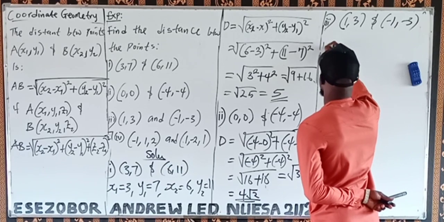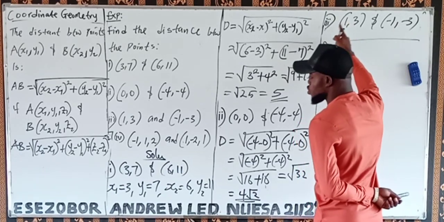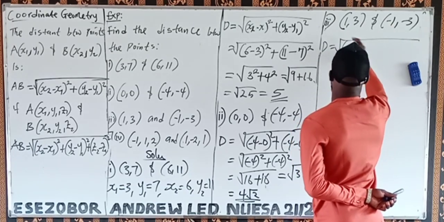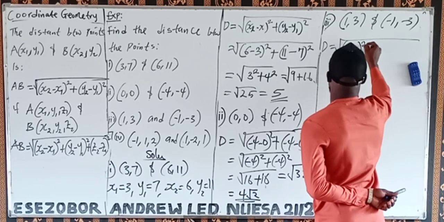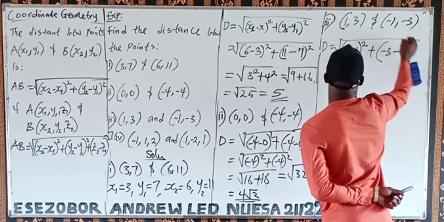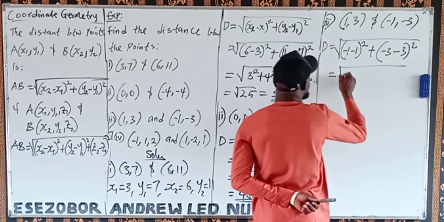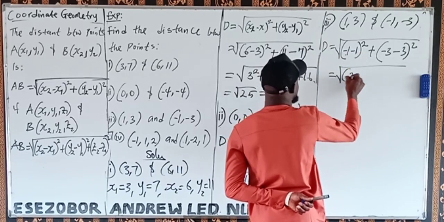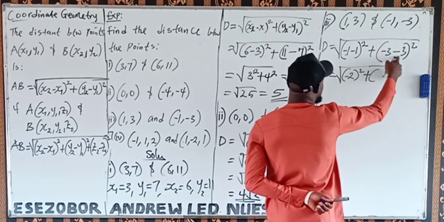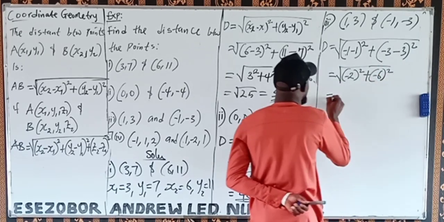The distance will be equal to the square root of (x2 minus x1) squared plus (y2 minus y1) squared. This is going to give us (-1 minus 3), that's minus 4... that is, minus 2 squared plus (-3 minus 3), that's minus 6 squared.